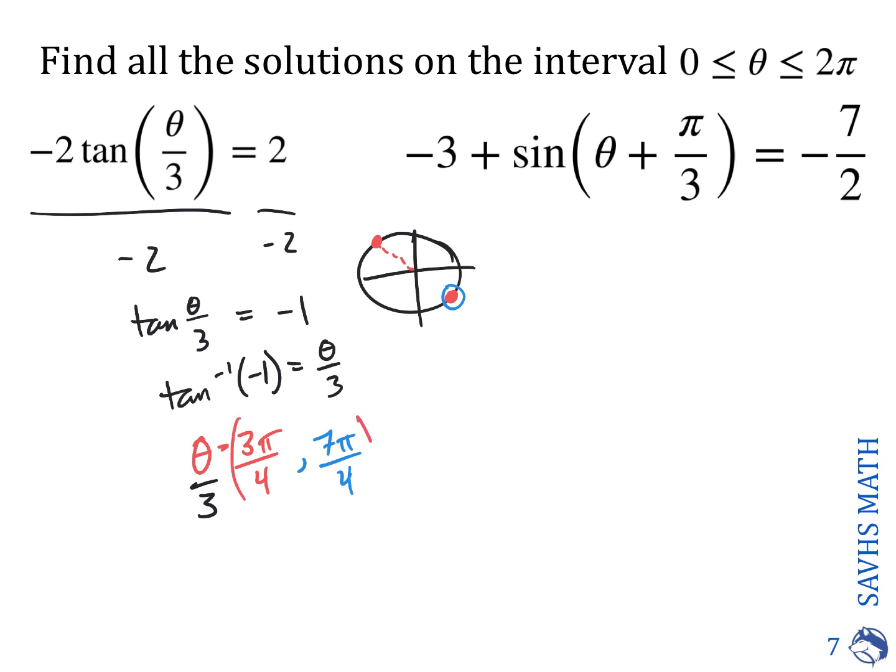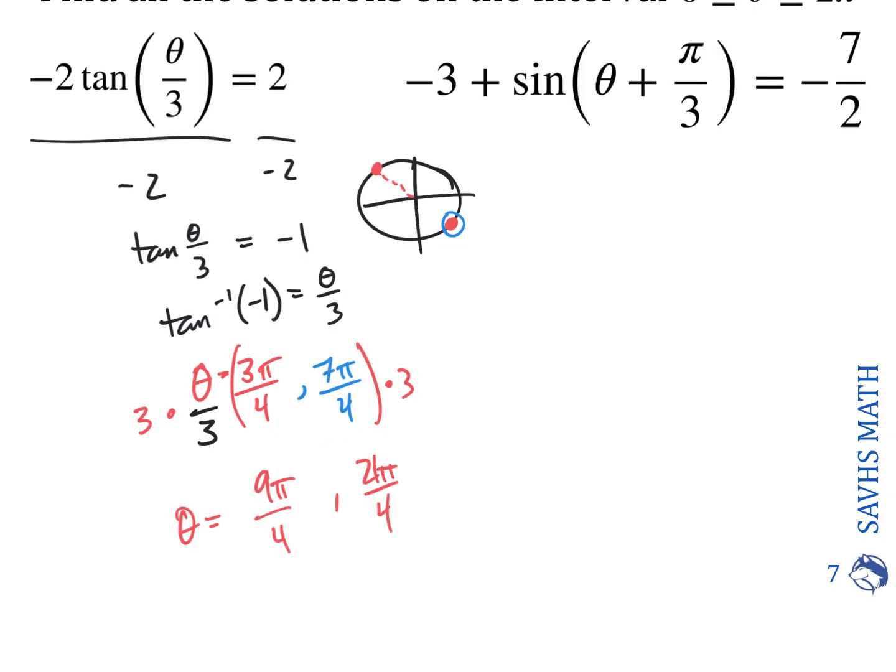So let's do that. We're going to get 9 pi over 4, and we're going to get 21 pi over 4. Both of these are greater than 2 pi.